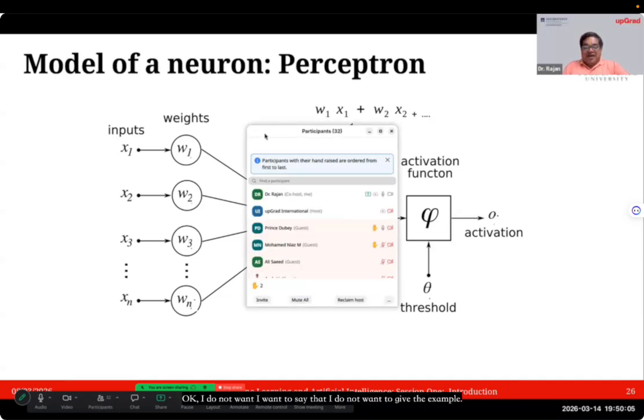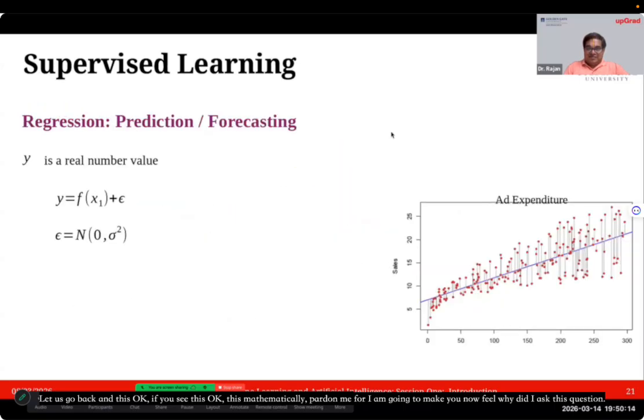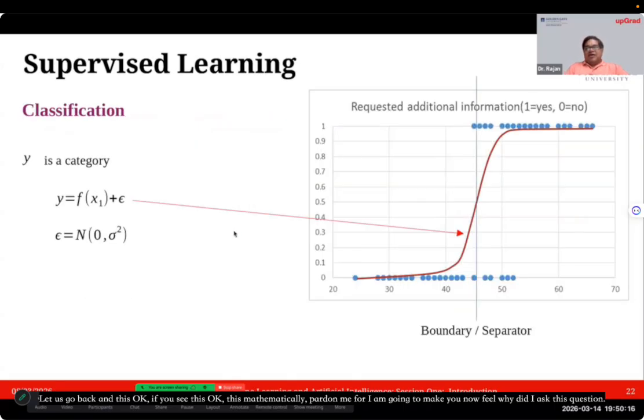Okay, I want to say that I don't want to give the example, but anyway, I will give the example. Let's go back to this.